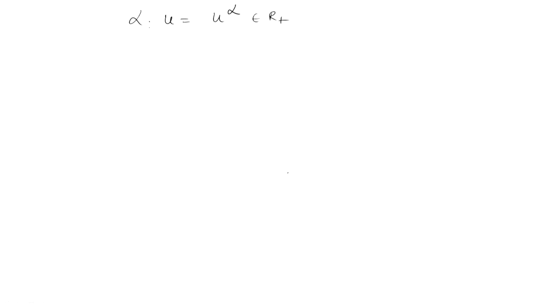That means closure with respect to scalar multiplication holds. Now, you take 1 dot u, which is u raised to power 1, is u, satisfied. Now, you take alpha plus beta dot u, which is u raised to power alpha plus beta, which is u raised to power alpha into u raised to power beta, which is alpha dot u plus beta dot u.